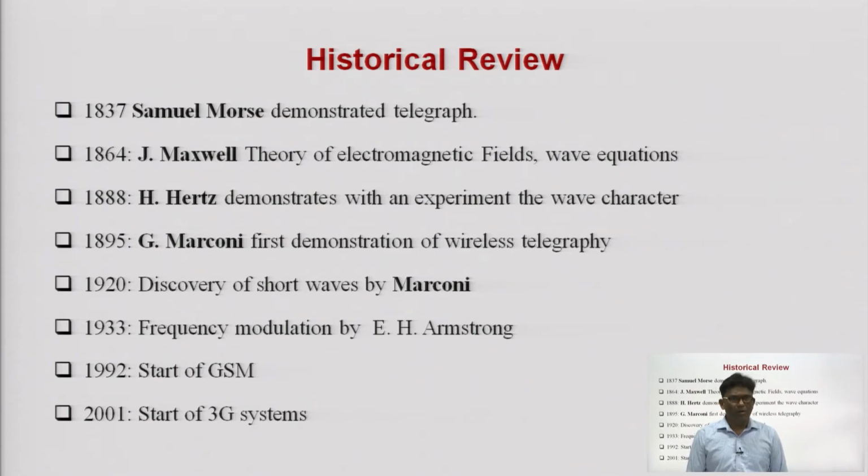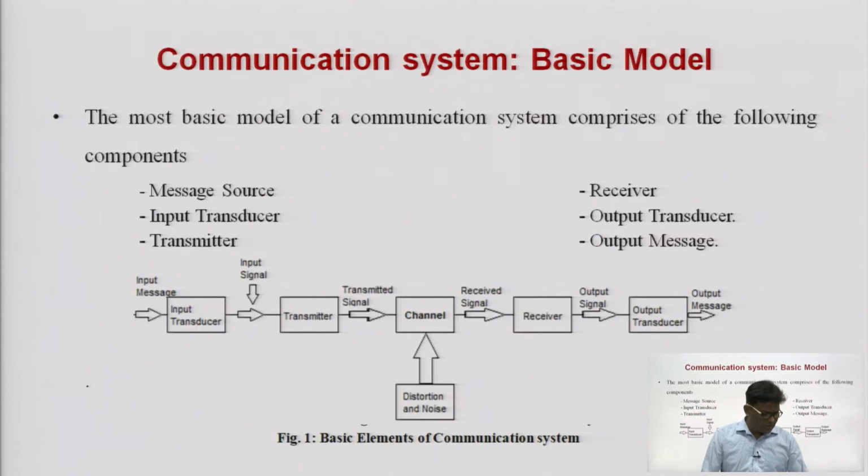Then Edwin Armstrong gave the concept of frequency modulation, which is very useful in noisy environments, in 1933, and somewhere around 1936 FM was commercially utilized. Then in 1992 and 2001, 2G and 3G came into the market, and nowadays 5G and 6G are in demand.